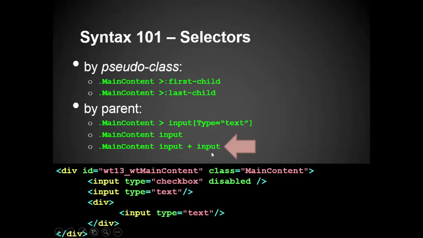I'm going to select all inputs that are immediately preceded by an input that is inside an element that has the class main content. So in our example, we will be selecting this input. Why? Because first of all, it's an input, then it's preceded by another input, check here, and it's inside an element that has the class main content.